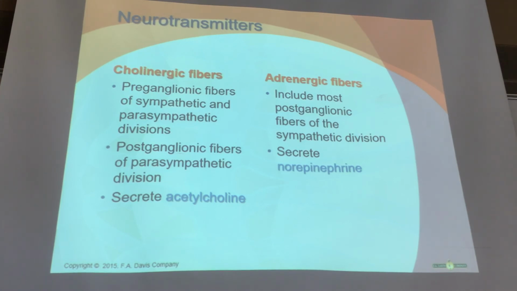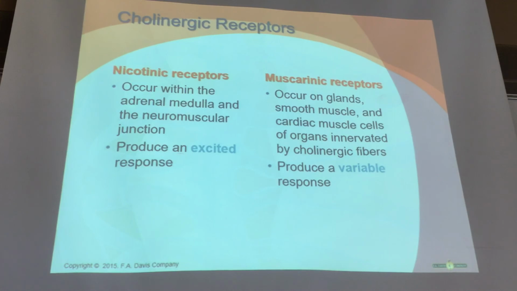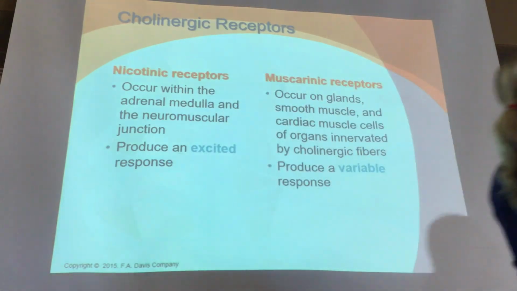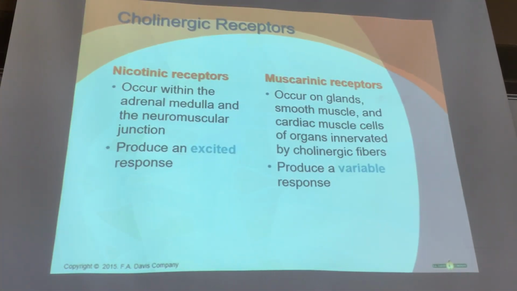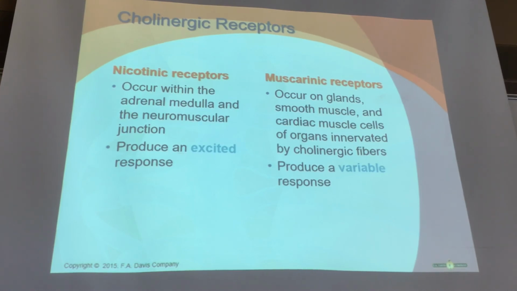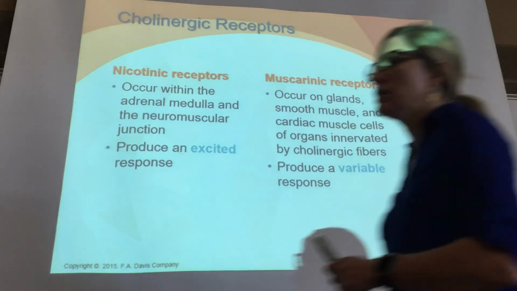If you look over on the board, you'll see the first section of a sympathetic division where you've got your preganglionic neuron, and then occasionally the postganglionic, are going to be cholinergic fibers, meaning they have acetylcholine as their neurotransmitter. Okay, we're just talking about the preganglionic right now.